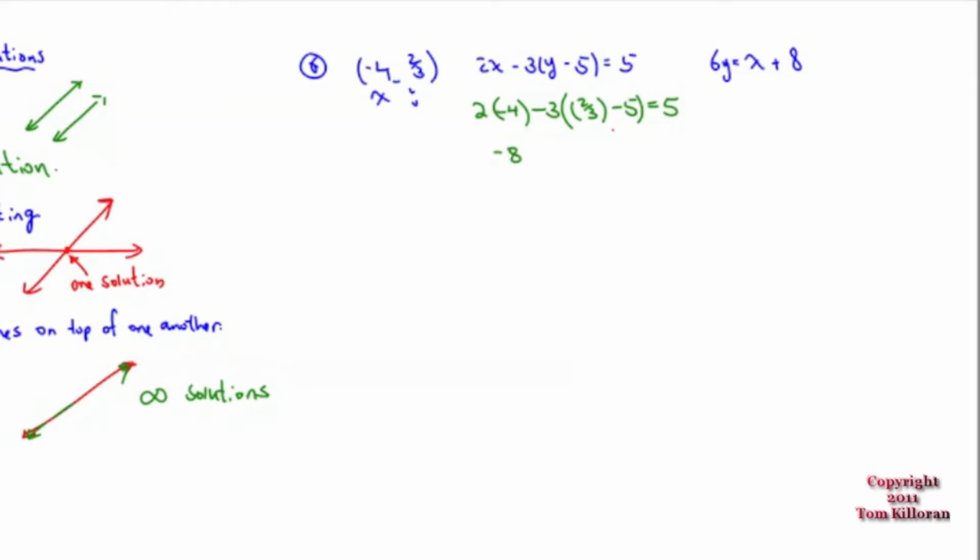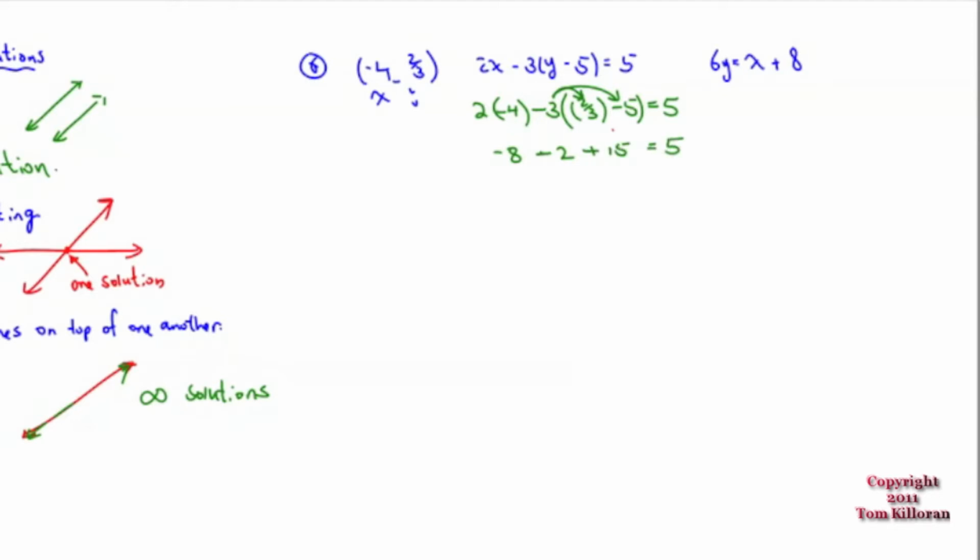What should we do here in the second portion? Distribute. So we can distribute this through, and the nice thing is, 3 times 2/3, the 3's are going to cancel out, which is rather nice. Be careful, it's -3 times 2/3, which is -2, and -3 times -5, which is +15, and we want to see if this is equal to 5.